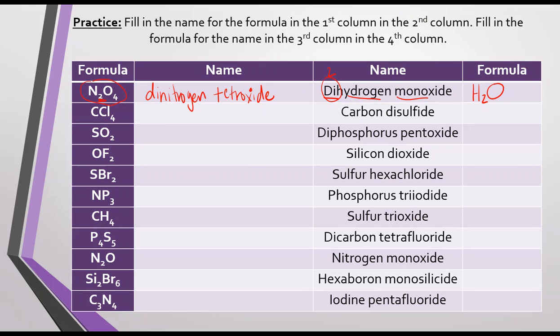All right, let's do a couple more examples. SO2. How would I start this one, SO2? No prefix, very good. So I would just write sulfur. And then 2 right here means dioxide.